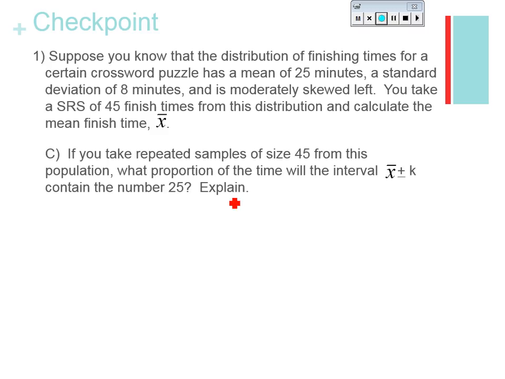And then for number 3, if we take repeated samples of size 45 from this population, what proportion of the time will the interval x bar plus or minus k contain the number 25? So to find that, I'm going to take the estimate that we came up with, which in this case was 25 minutes, plus or minus the margin of error.